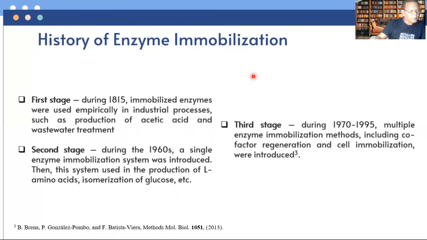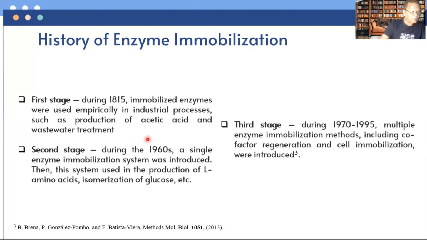Let's see this one. This is the brief history of enzyme immobilization. The first step, during 1815, immobilized enzymes were used empirically in industrial processes such as production of acetic acid and wastewater treatment. The second step, during the 1960s, a single enzyme immobilization system was introduced.